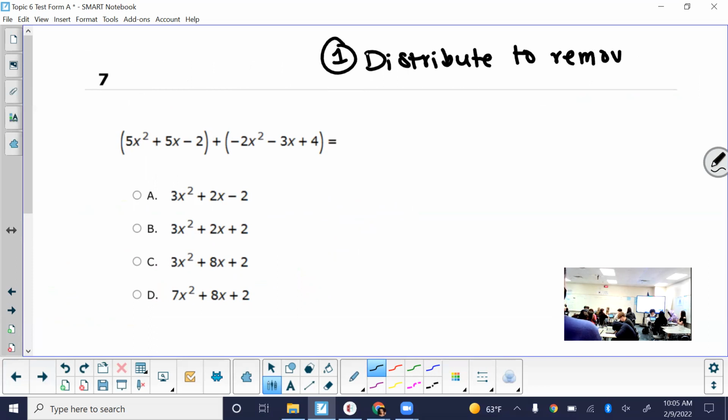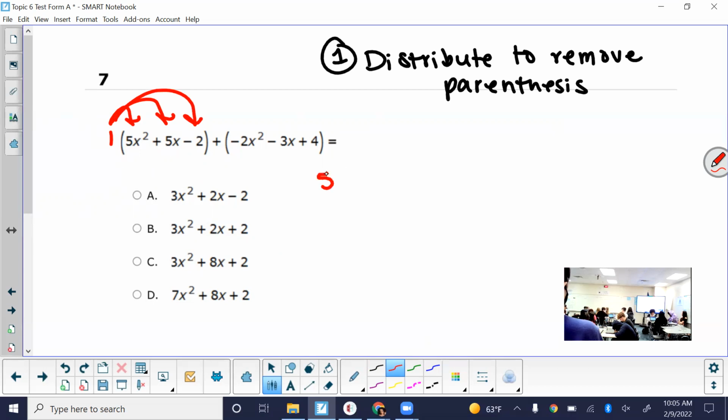So what's outside the parentheses, even if nothing is written? A 1, and in this situation, it's a positive 1. Does that really change much when you distribute? No, but you do it anyway because that's how you get rid of the parentheses. So we get 5x squared plus 5x minus 2.